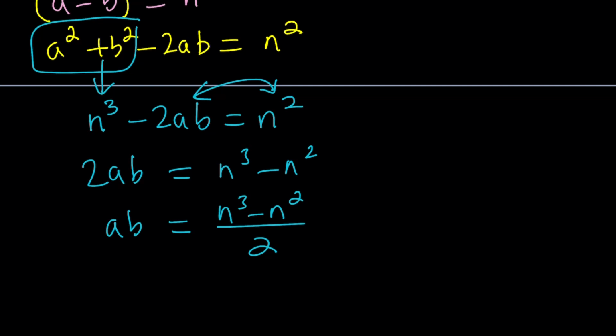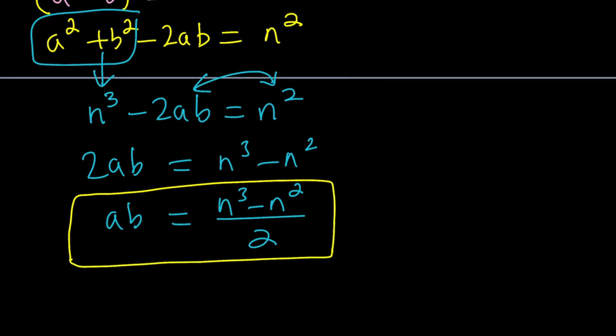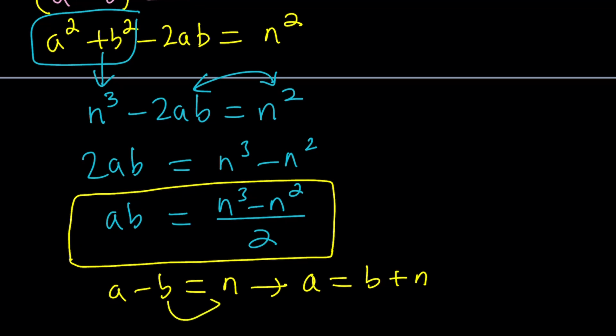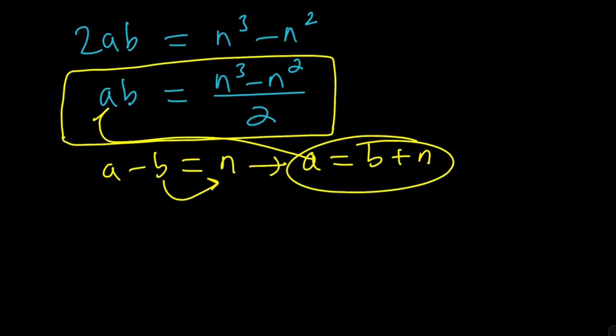So we got the product ab, and we know a minus b. Could we use those two things to come up with something meaningful, which is going to be actually a quadratic equation? And the answer is yes. Because a minus b is equal to n, I can go ahead and replace a with b plus n, add b to both sides, and then go ahead and substitute that here.